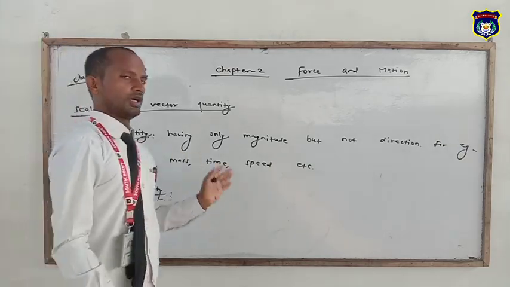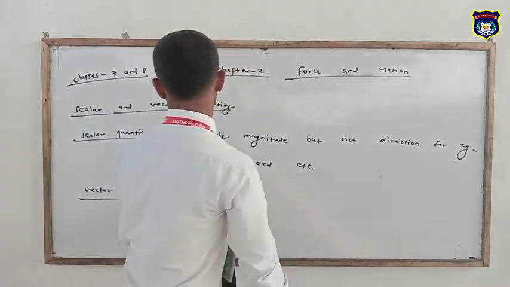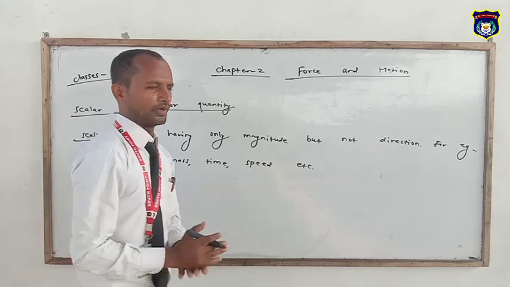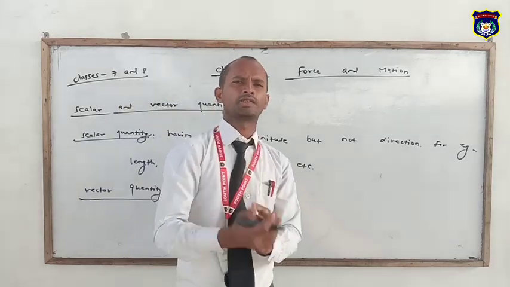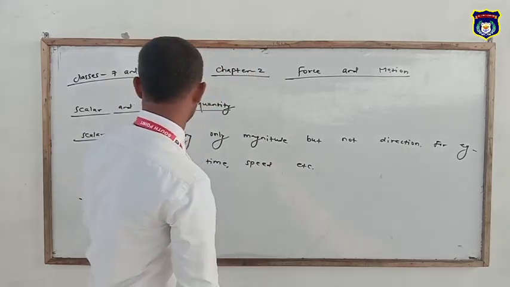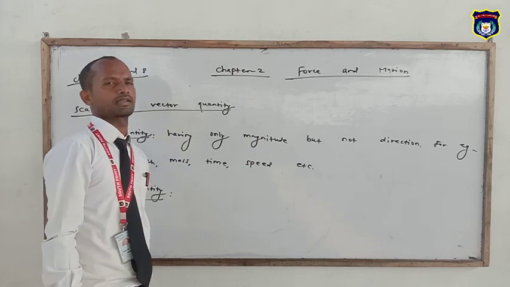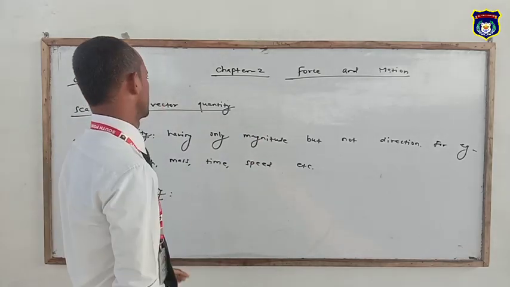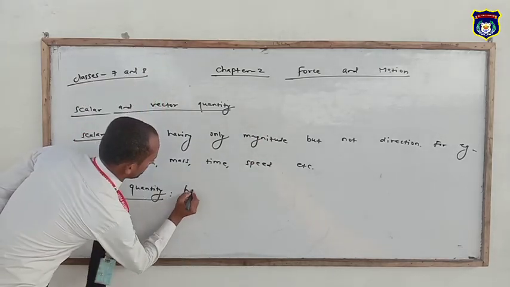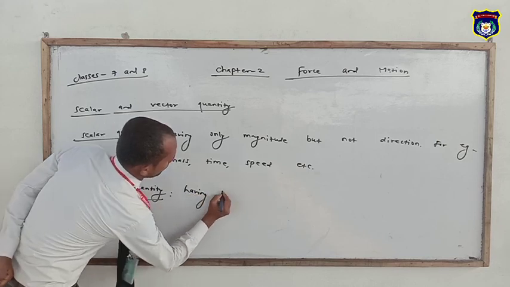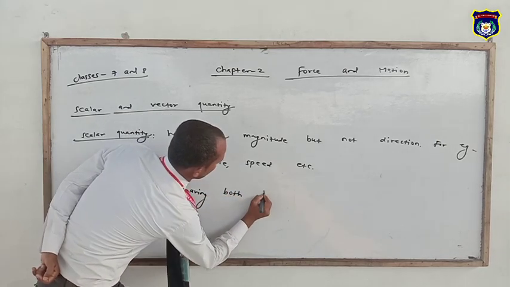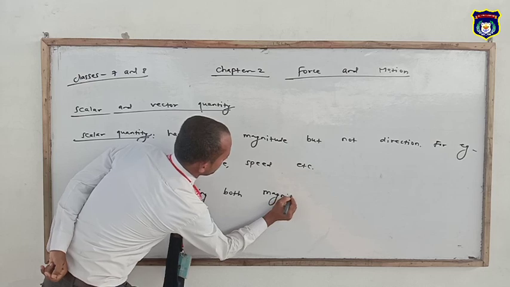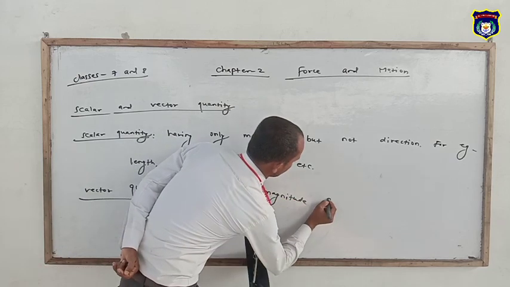Opposite to scalar quantity, there are also some types of quantity that, when measured, have both magnitude and direction. Those quantities having both magnitude and direction are called vector quantities.